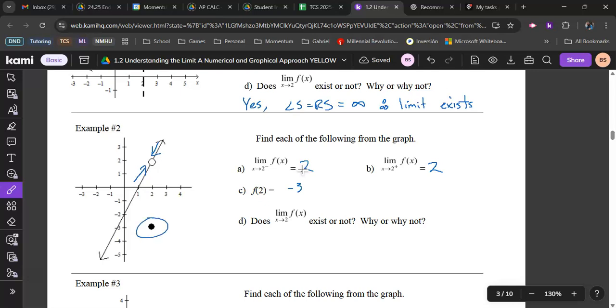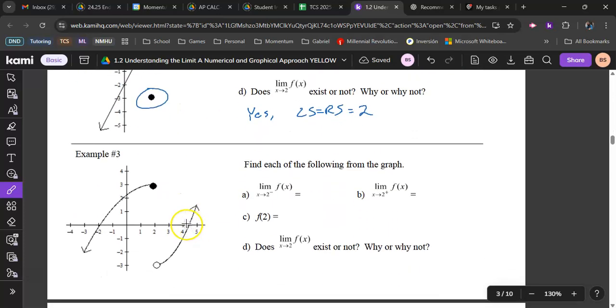See, it's got this point of discontinuity down here. Does the limit exist? Yes. Left side equals right side, which equals 2, would be even better. So our limit exists.